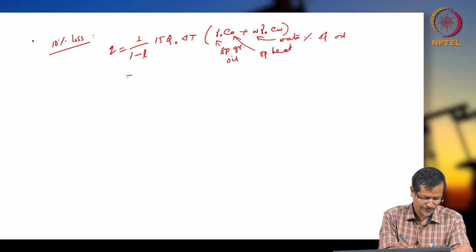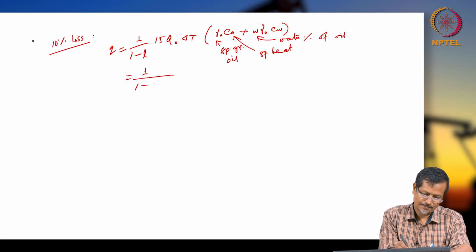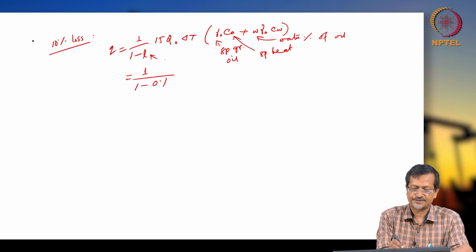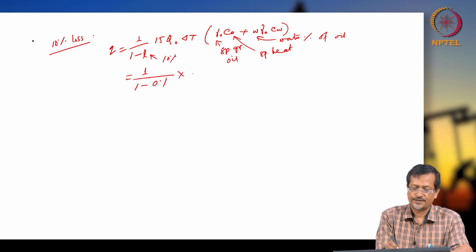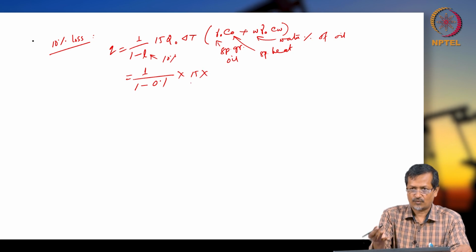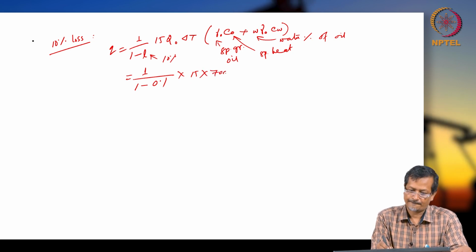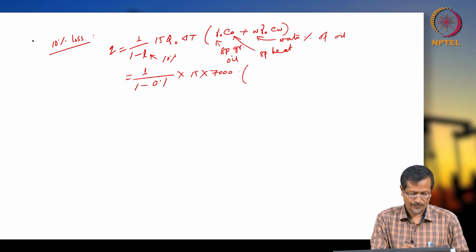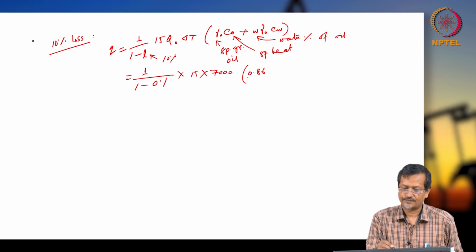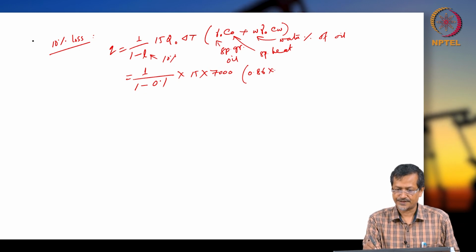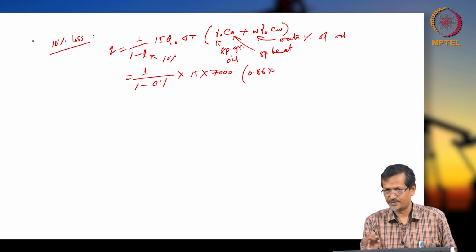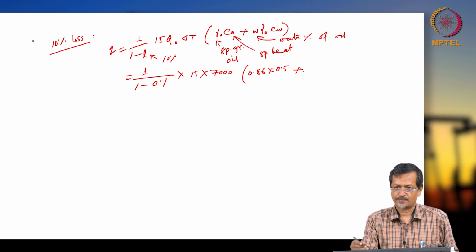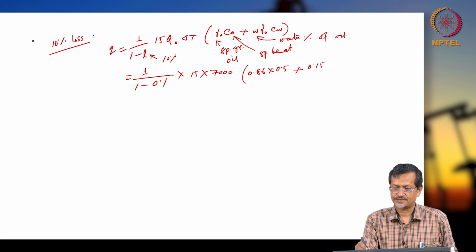So your data will be like this: 1 minus 0.1, because 10% loss is there, into 15, oil flow rate 7000, gamma O that is given 0.86. In the problem you see gamma O is given 0.86, specific heat also given 0.5, I already told, that is the feasible range, plus water percentage 0.15, you can see BSW given.